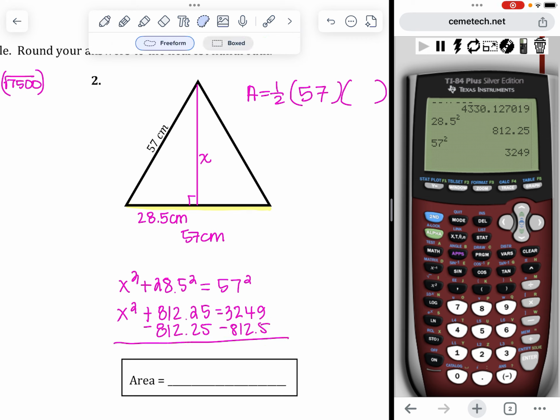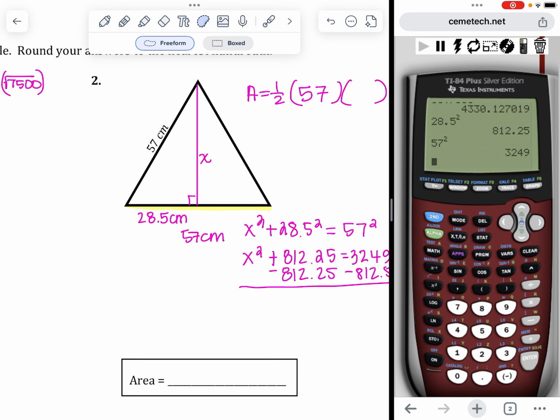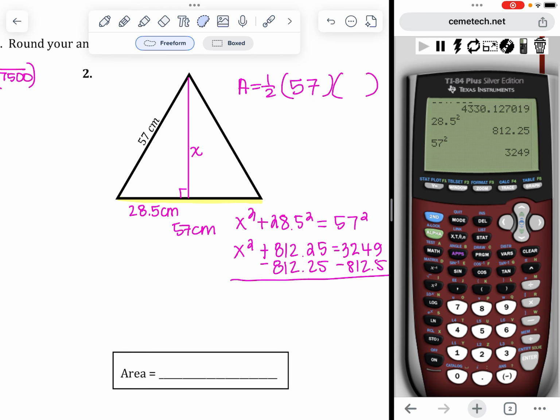I'm going to move this up a little because I'm running out of room. There we go. All right, so now I have x squared is equal to, so I already have the 3249 on my screen. I'm going to subtract 812.25. I accidentally put 0.5 right there, but I remembered it said 0.25.